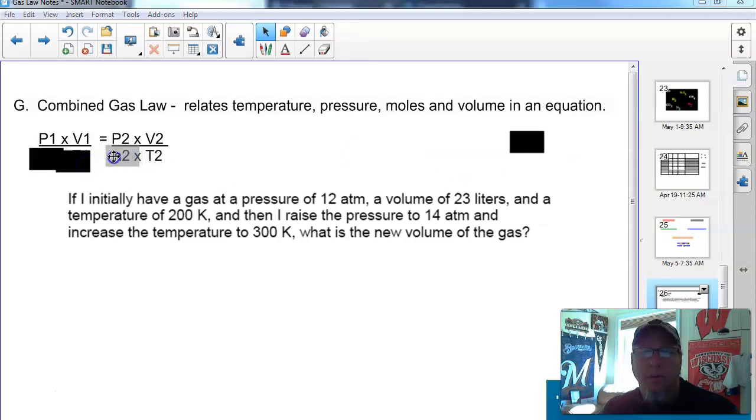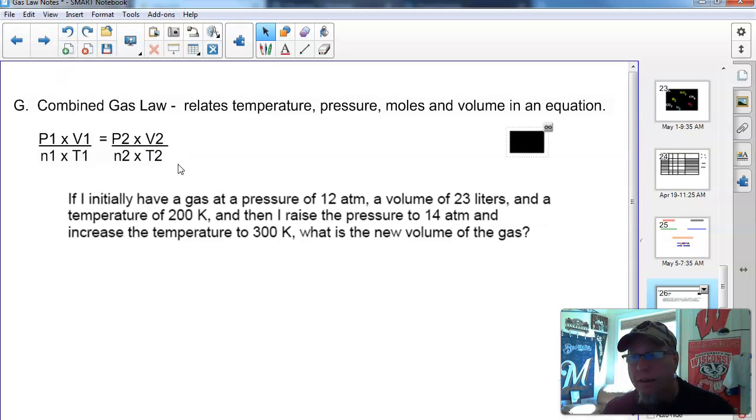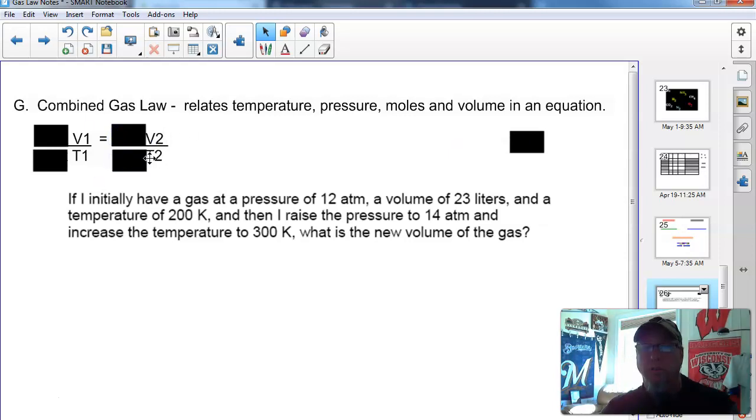If the only variables listed are pressure and volume, well, look at that. That's Boyle's law. Let's say the only variables you're given are volume and temperature. You can just cover up the other variables, and the only thing you have left, aha, that's Charles' law.